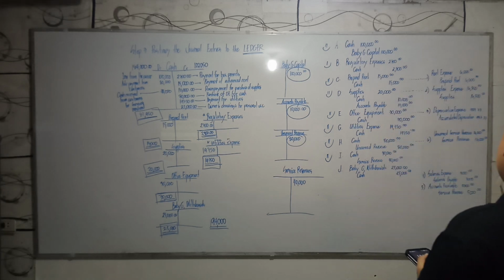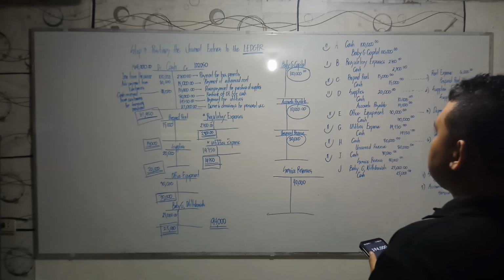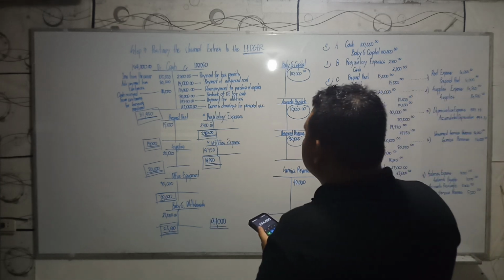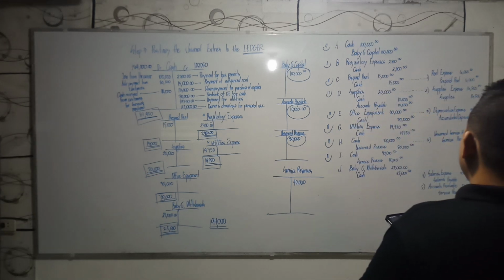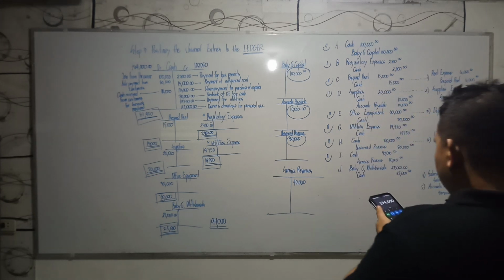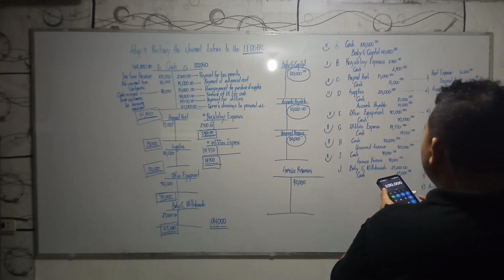So what happened basically? Okay, so if we total, we have 100,000 plus 10,000 plus 80,000 plus 40,000.